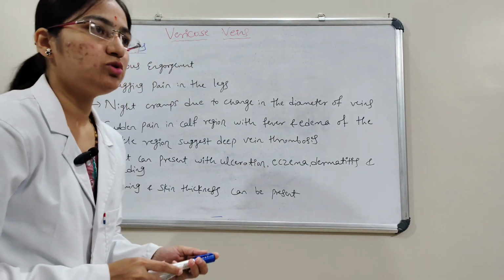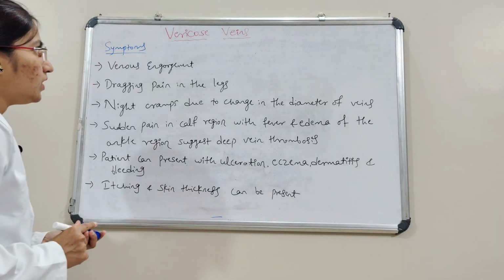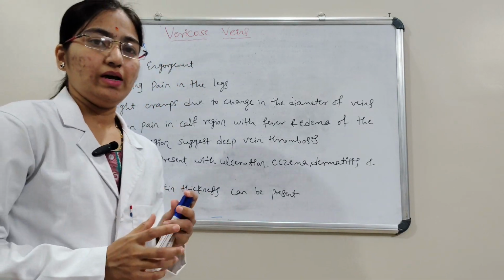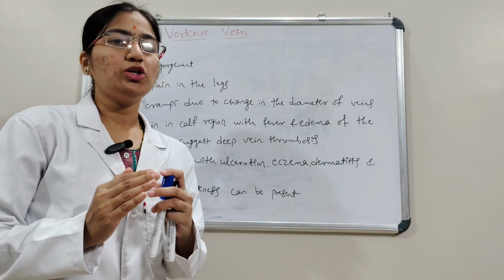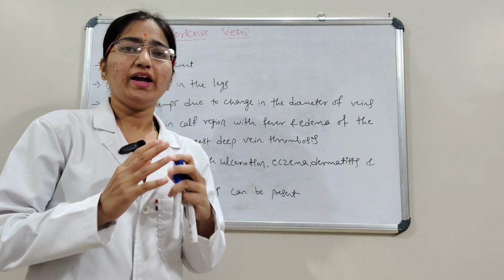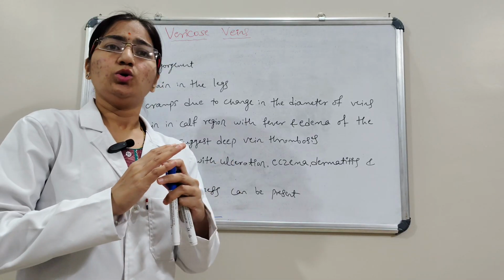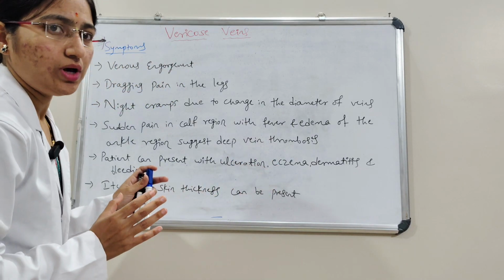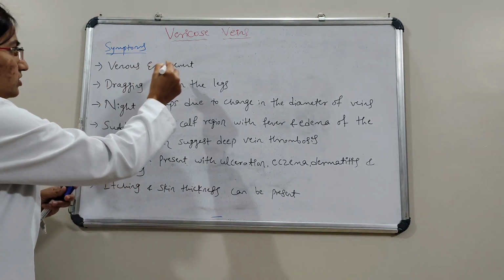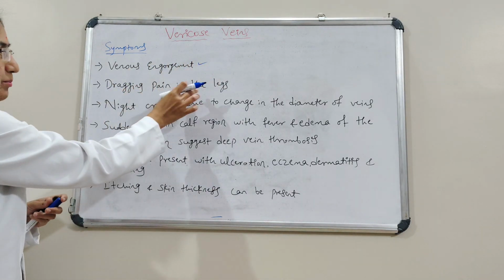Next we will see the symptoms of varicose veins. Here the patient comes with dilated veins in the legs, and they are minimal to start with, and at the end of the day they are sufficiently large. That is because of venous engorgement, and then dragging pain in the legs.